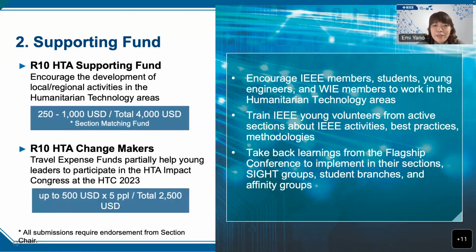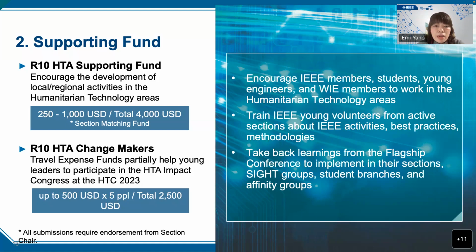And the second one, you may be very interested in this topic, the supporting fund. The Region 10 HTA committee encourages all Region 10 sections to promote humanitarian technology activities. So sections and site groups can apply for the support fund of Region 10. The Region 10 HTA supporting fund is for humanitarian projects in Region 10 that aim to inspire and enable IEEE Region 10 volunteers to carry out and support impactful humanitarian technology and sustainable development activities at the local level, along with collaboration with IEEE local sections or IEEE societies with a sustainable development plan.